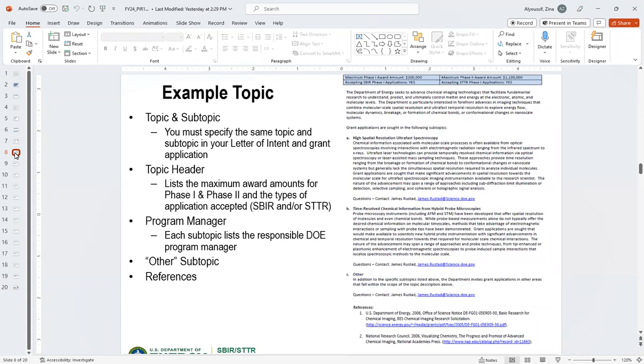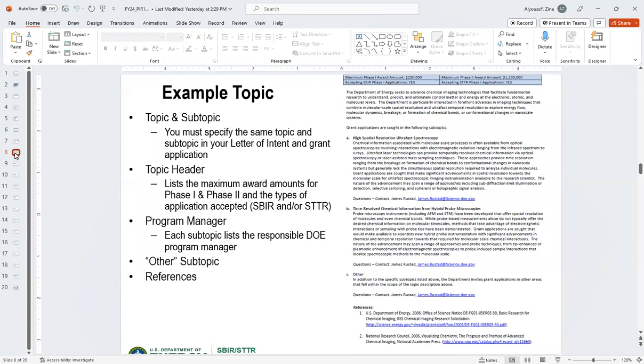The general topic description explains what the topic is about and maybe some context on where it falls within the mission of the program. Below that, you'll see subtopics that describe specific opportunities in which proposals are requested. You will notice that a good number of the topics have an "other" subtopic.